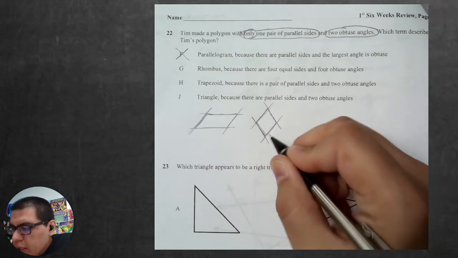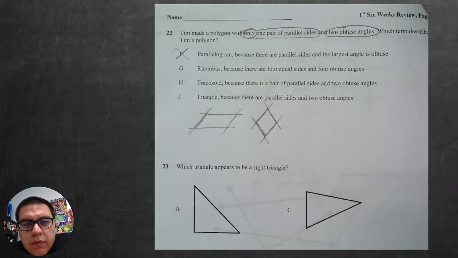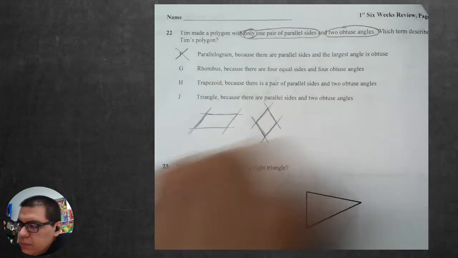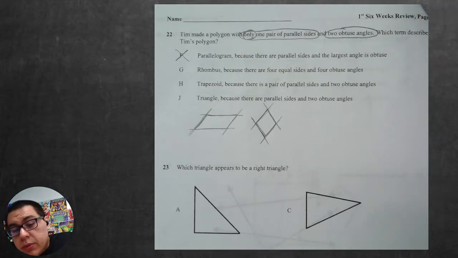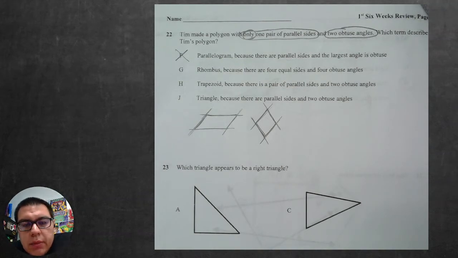If I draw those lines and they go on and on forever, they would never ever touch. So this one also has two sets of parallel sides, which means it can't be my answer.